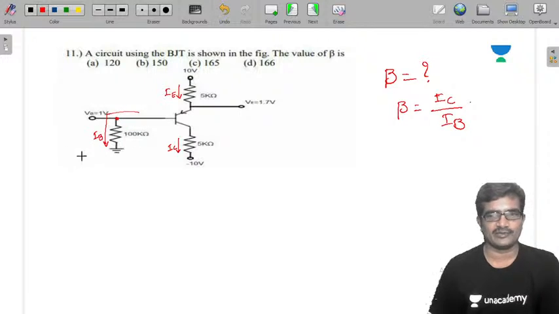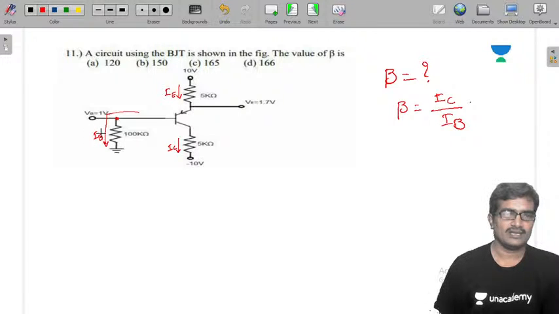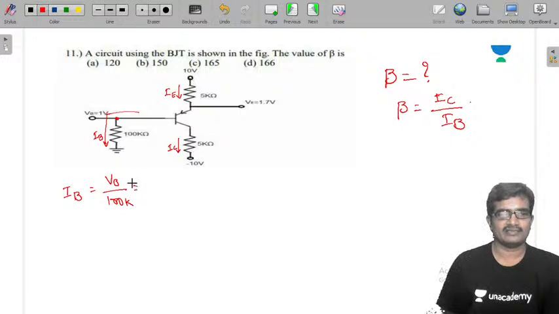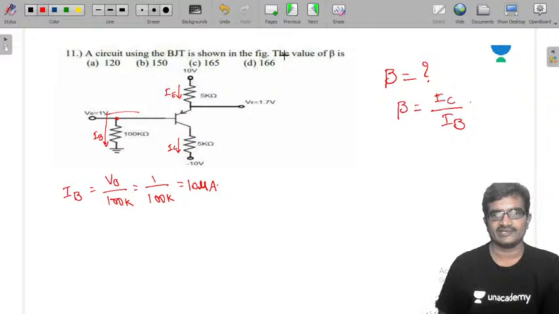Okay, first I am going to calculate IB. So IB is VB by 100k. Simple. That is 1 by 100k. It is 10 microamperes. By applying a loop to this also you can do that. Now I am going to calculate IE from this, instead of IC.